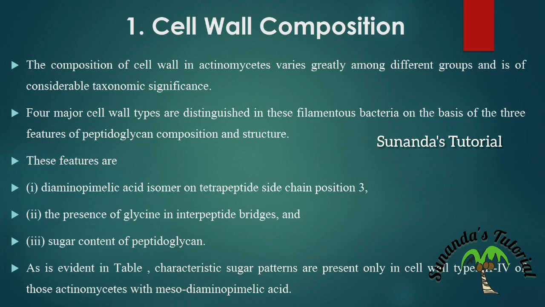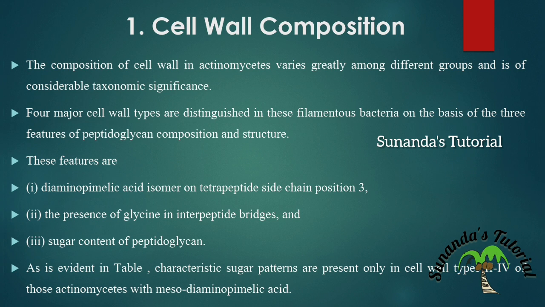Then cell wall composition. The composition of the cell wall in Actinomycetes varies greatly among different groups and is of considerable taxonomic significance. Four major cell wall types are distinguished among these filamentous bacteria on the basis of three features of peptidoglycan composition and structure.